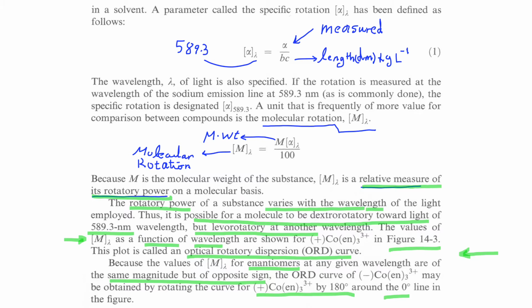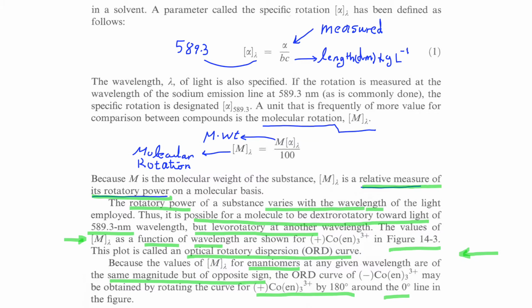So this measurement will give you, for example, plus 89. The value for this complex is plus 89 degrees for the plus isomer, minus 89 for the minus isomer.